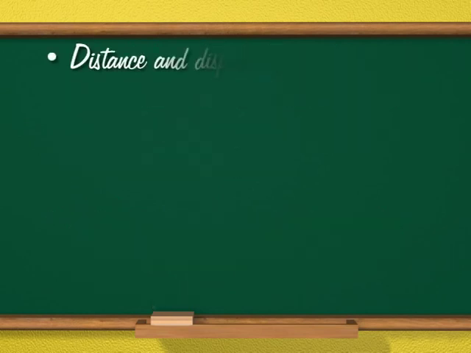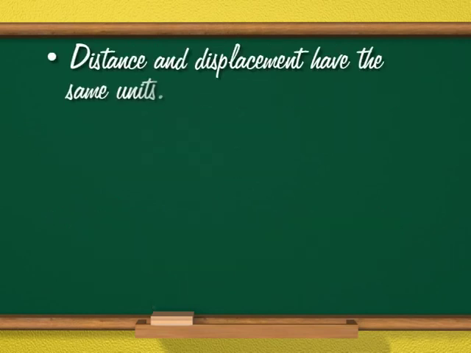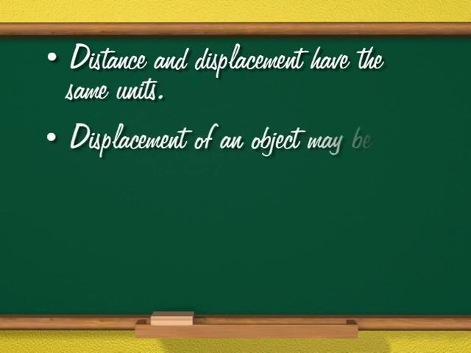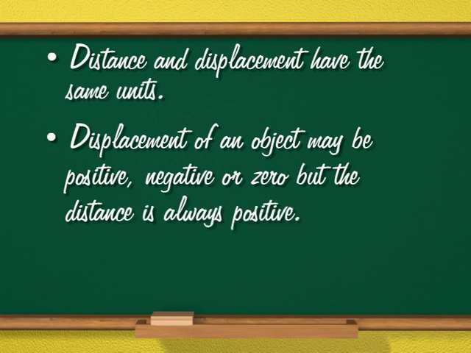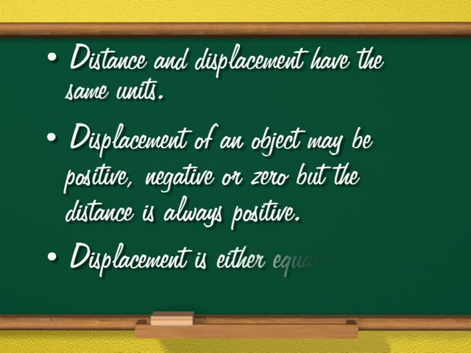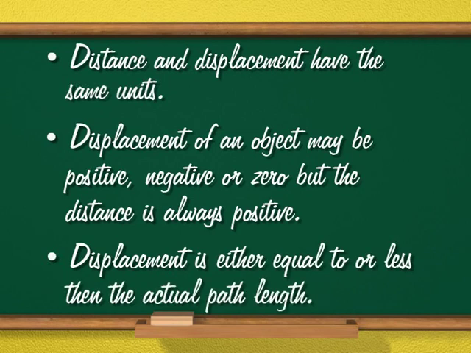Distance and displacement have the same units. Displacement of an object may be positive, negative or 0, but the distance is always positive. Displacement is either equal to or less than the actual path length.